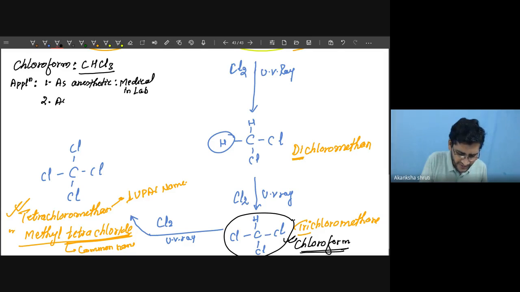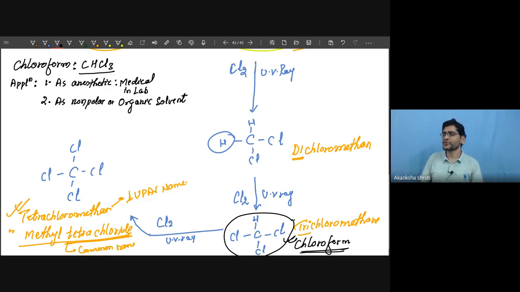So as a non-polar solvent, it is also called an organic solvent.